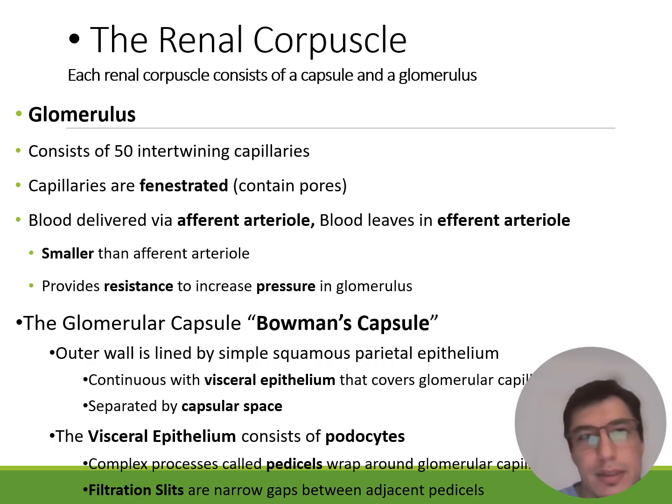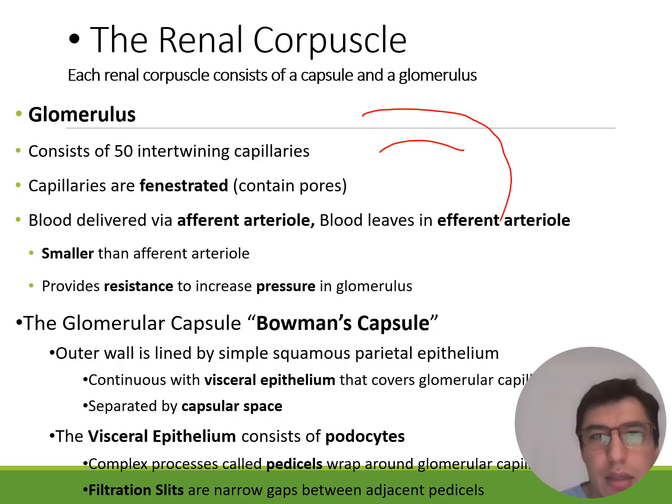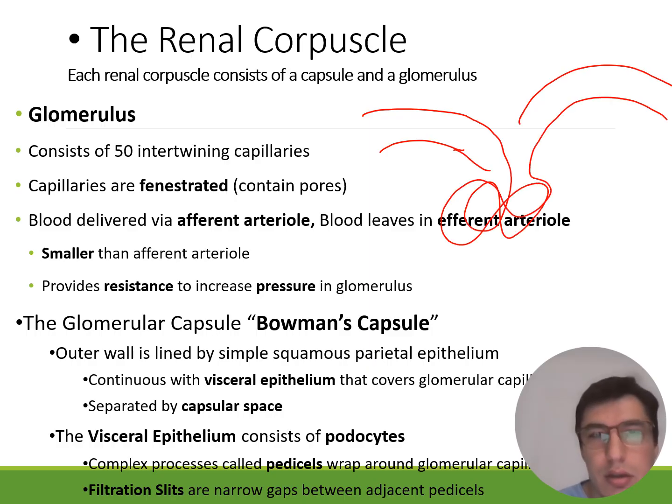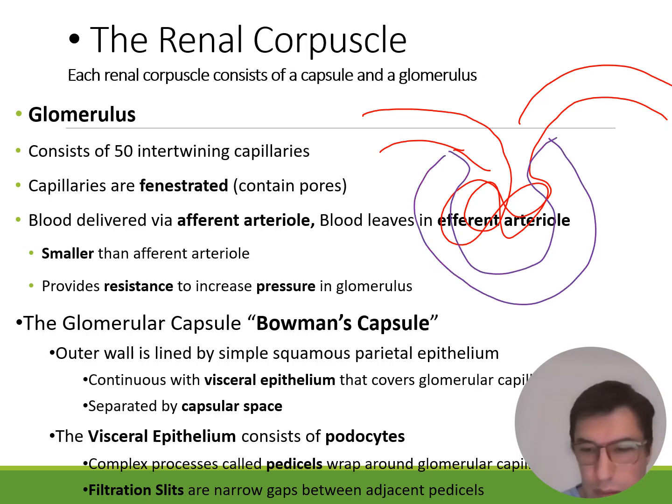So as the blood is coming in, we just make sure that we have our bilayer. So we have blood going in through the afferent arteriole, and this is pressurized in here, leading to filtrate leaving the capillary.